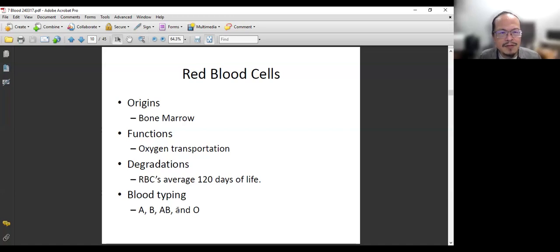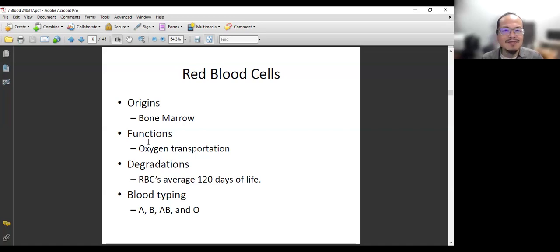Right. So the first one is to talk about the origin. You kind of know already, right? We know it's from the bone marrow. Myeloid stem cell produces erythrocytes. So we know that already. We just provide you one extra fact, one extra component to that process.